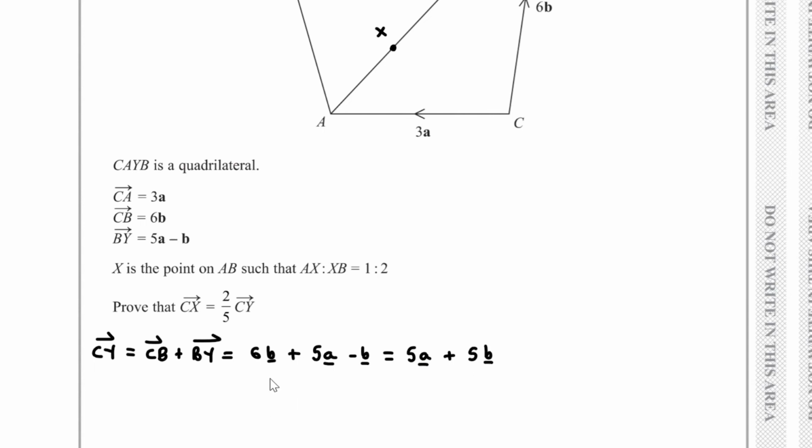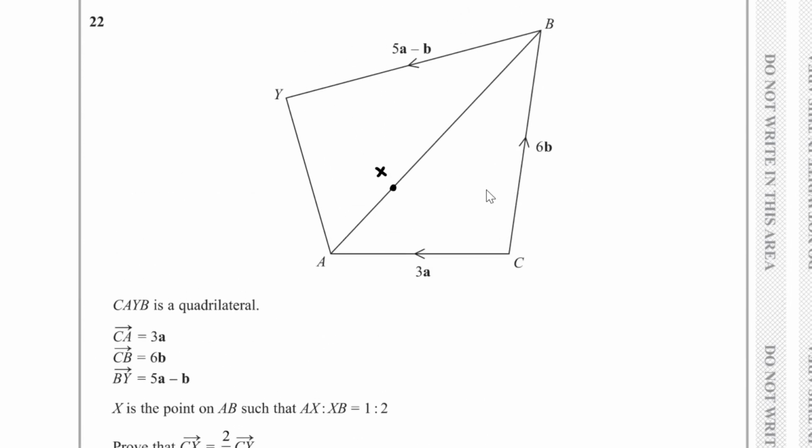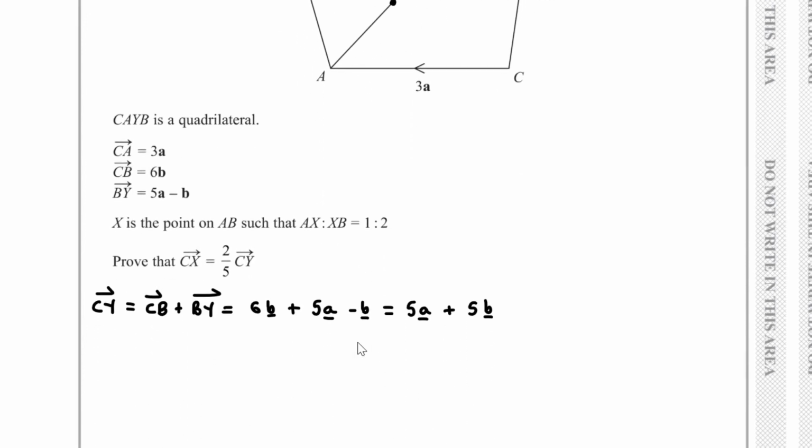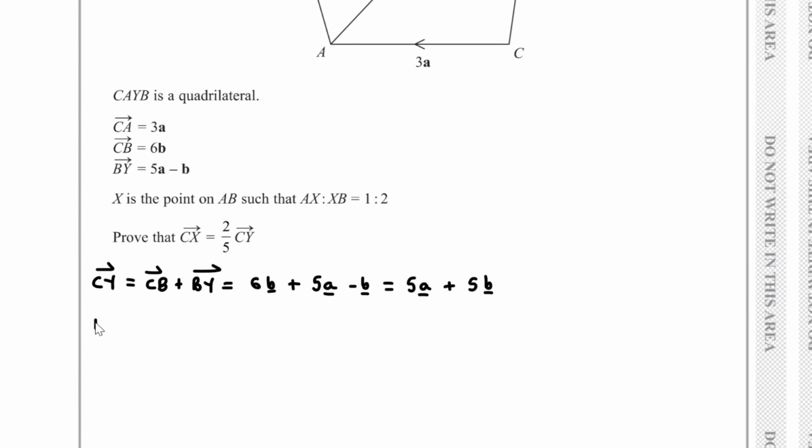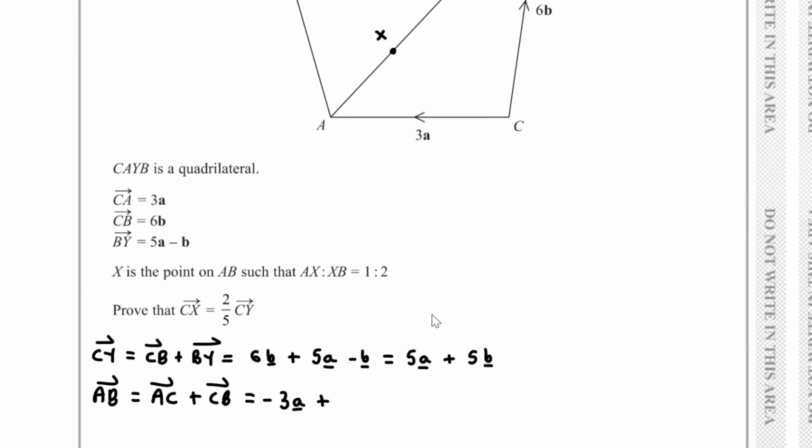Now we need to find out what CX is. Well, before that, we need to find out what AB is, and from that we can find out what AX is given this ratio. So AB is going to equal AC plus CB. Well, AC, that's going to be minus 3a, and then CB, that's 6b.